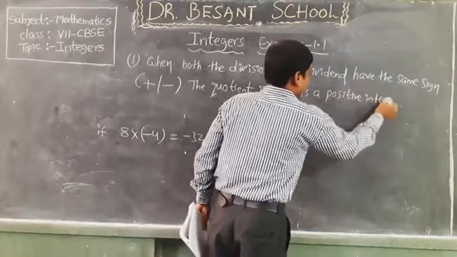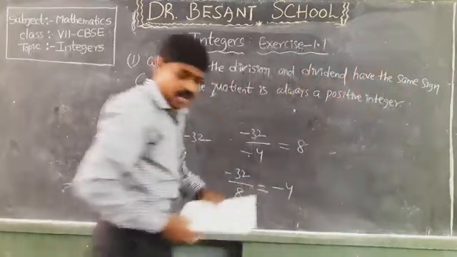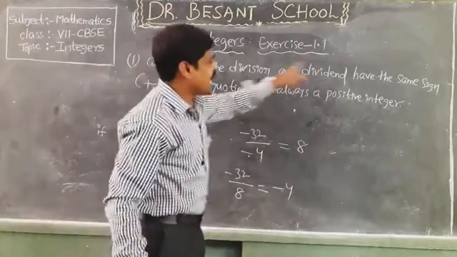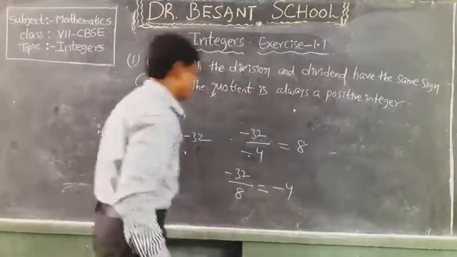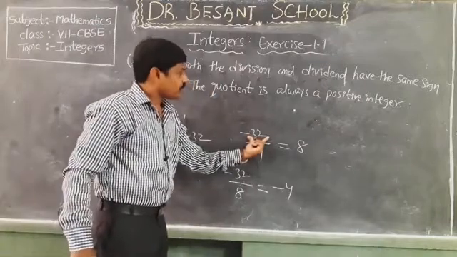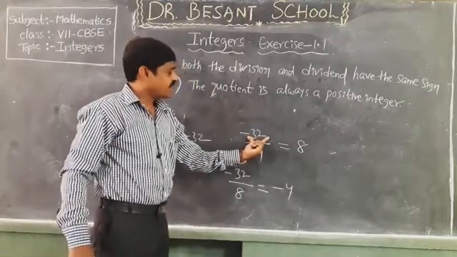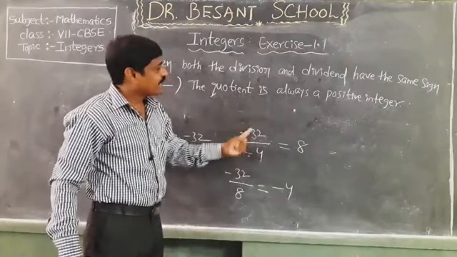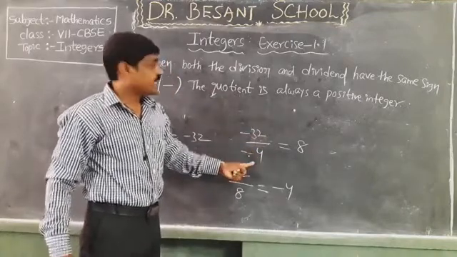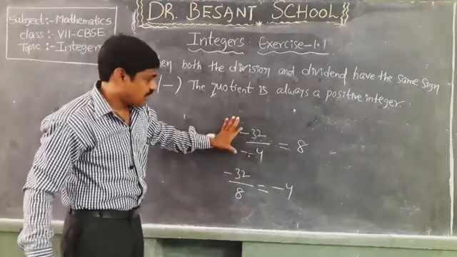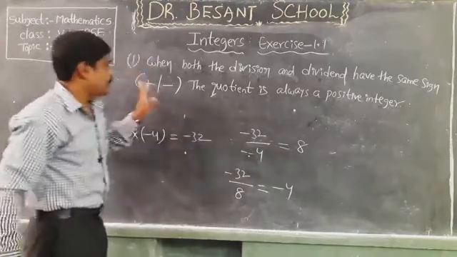Observe this rule. When both the divisor and the dividend have the same sign. This is the dividend and this is the divisor. Both are having the same sign, either plus or minus.